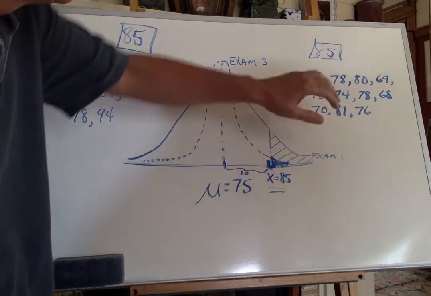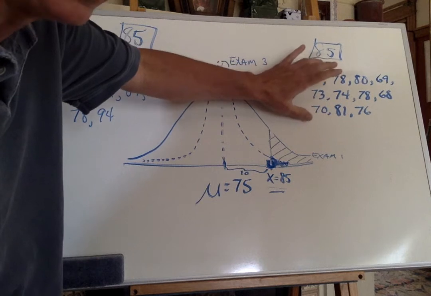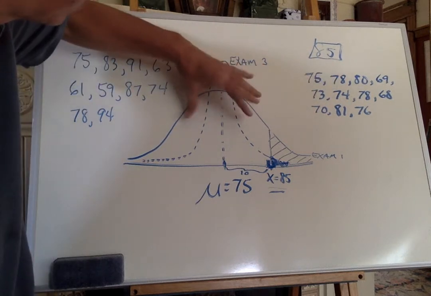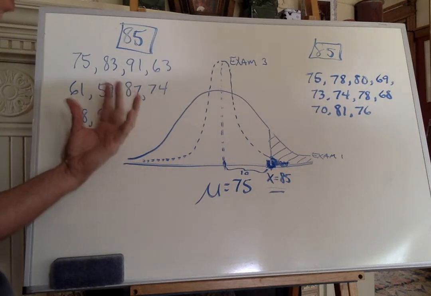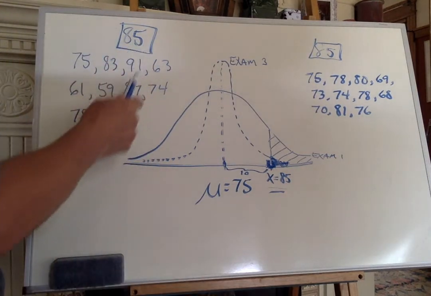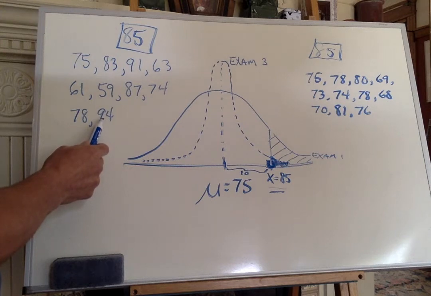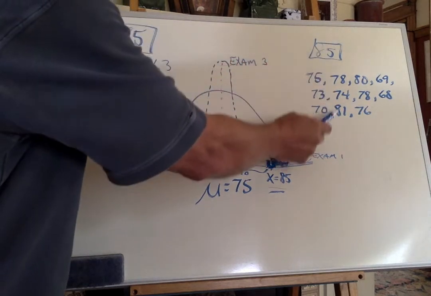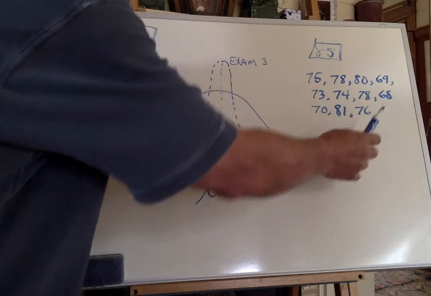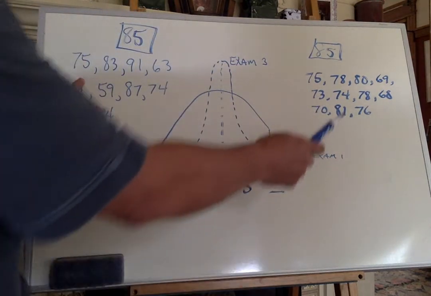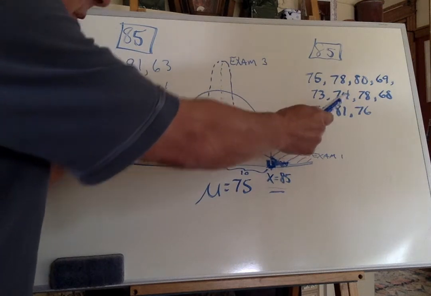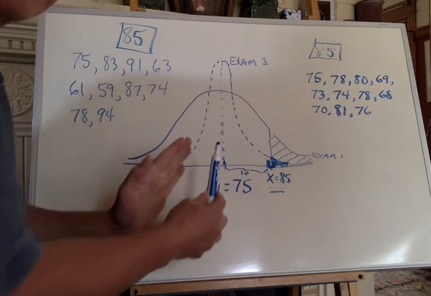So an 85 is much more impressive here, where the numbers are closer together, right? This is exam 3, this is exam 1. And 85 doesn't look all that impressive here. 85 is really out there with this group of numbers. Here we see it as a group of numbers. Here we see it graphically.